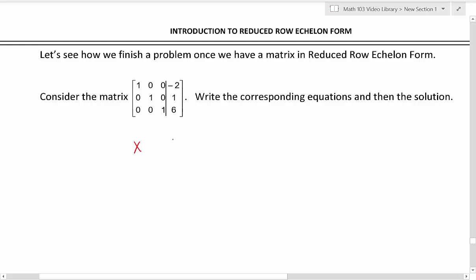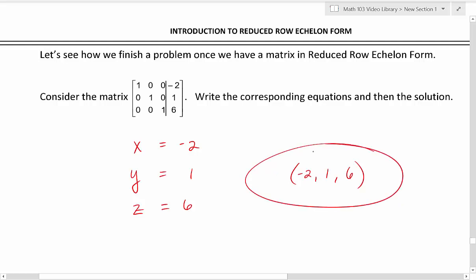We get x is equal to -2, y is equal to 1, and z is equal to 6. You'll notice that each of our equations contains just a single variable, and those variables are solved. Therefore, this technique does not require back substitution. We simply have our answer that needs to be written as an ordered triple, (-2, 1, 6).